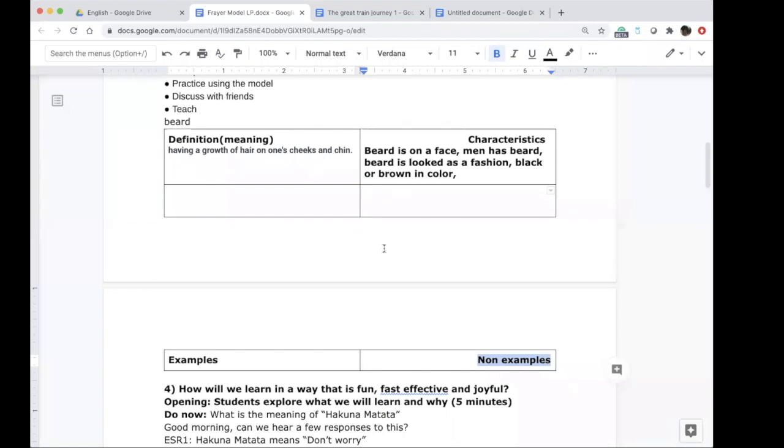Okay, so now you have seen how to do the Freyer's model. It is very simple. It is just like filling 4 boxes. Can anyone volunteer to fill up the Freyer's model for any other word? I will also help you if you are stuck on some point. So can anyone volunteer to do the Freyer's model for any other word?